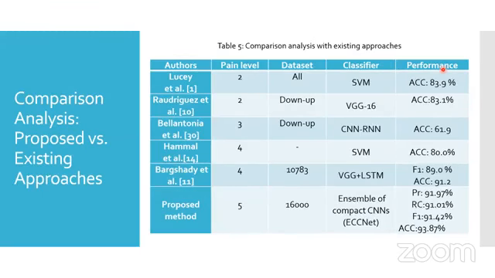They have used the same data set, the UNBC-McMaster shoulder pain data set, and in the same data set they have used different classifiers, or I will say different machine learning approaches, but our approach is giving the best results compared to the earlier results reported in the literature.